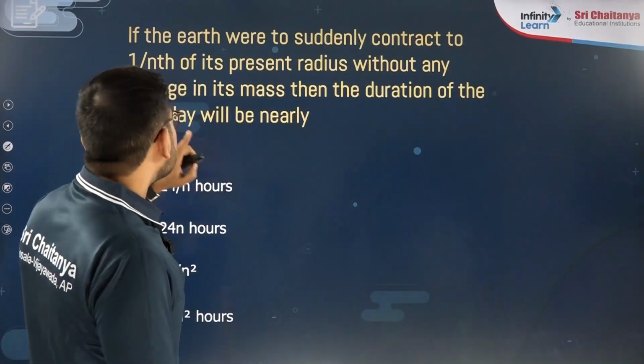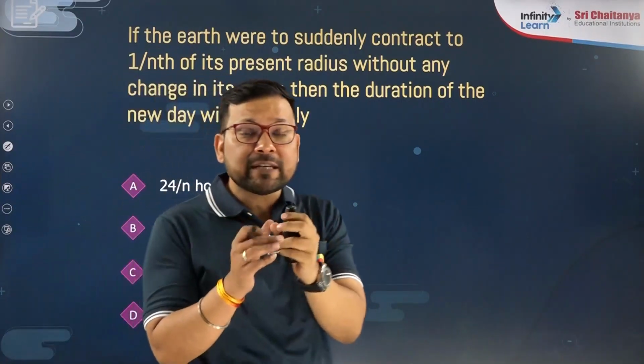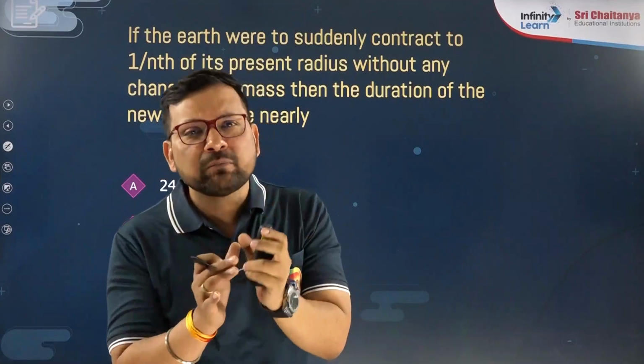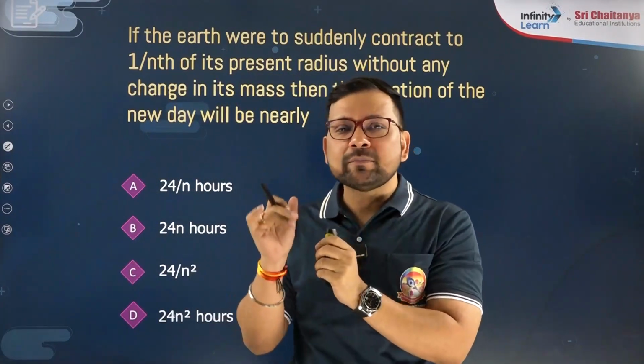Read the question properly first. If the earth were to suddenly contract, as we have discussed, expansion, contraction, most of the case for a rigid body, that is a question of angular momentum conservation.